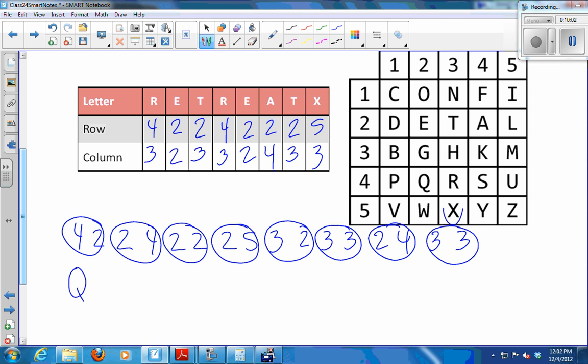Then when I look up 2-4, 2-4, I get an A. 2-2, E. 2-5, L. 3-2 is G. 5 is W. 2-5 is L. Should be W on the paper. Nope. You're looking at 5-2. You have to go row column. They have it. 2-5. Oh, I have it wrong. Yeah, this is wrong.